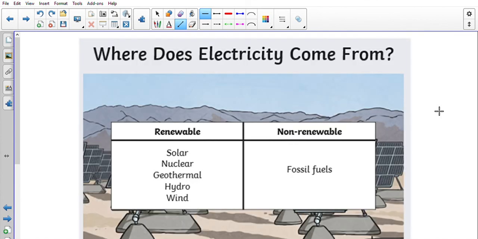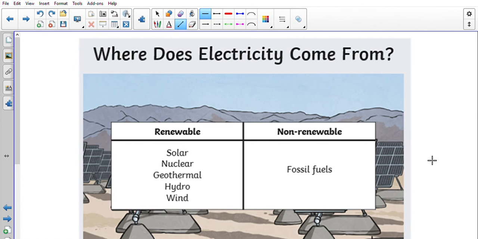So, for example, solar, if you have solar panels, we are always going to receive the sun, maybe not as often as we would like, but we're always going to receive the sun. Things like wind turbines, the wind is always going to be able to power them, so it's renewable, it's never going to end. Non-renewable, things like coal and oil, that's telling us that they may one day no longer exist.